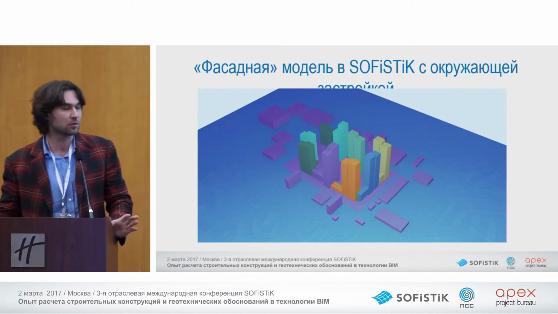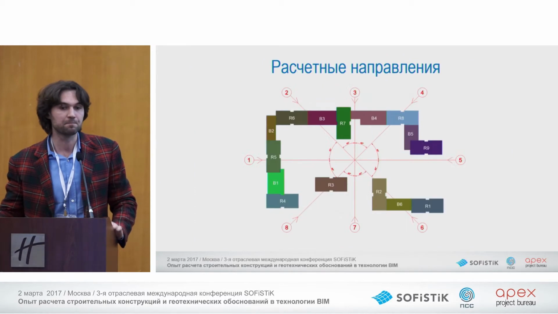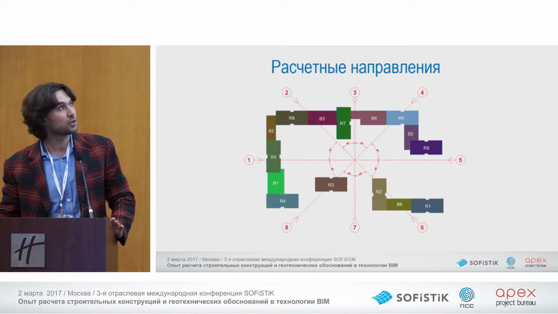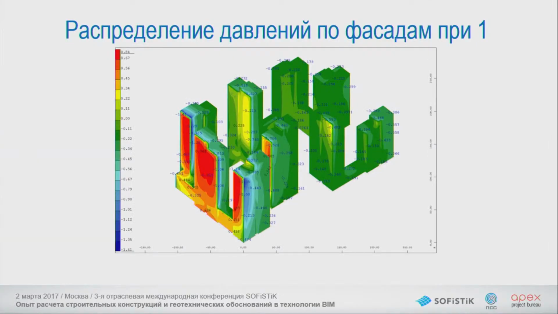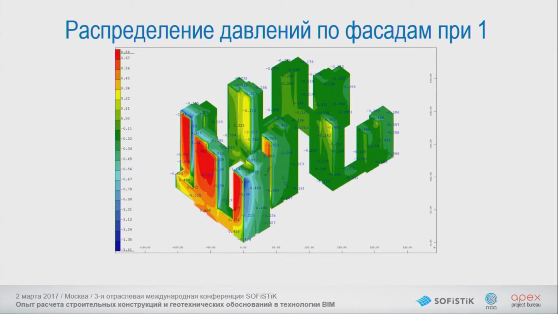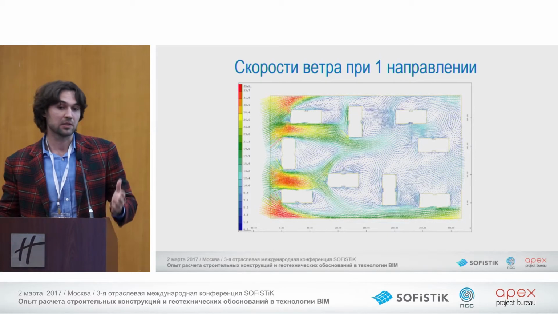Here, in this case, we didn't have to consider the wind effects from adjacent buildings because they're not quite tall. And here we considered 8 options, 8 wind load cases, and that was the design stage. And we want to use those materials for going to the authorities and obtaining approvals instead of organizing wind channel tests.